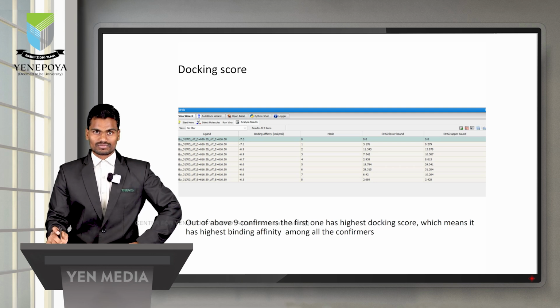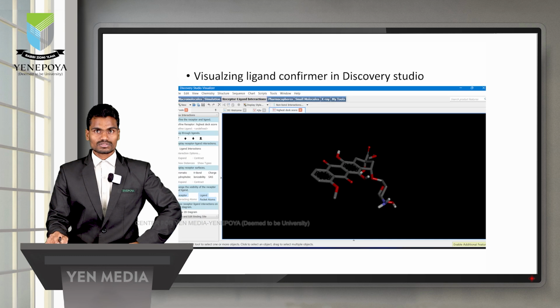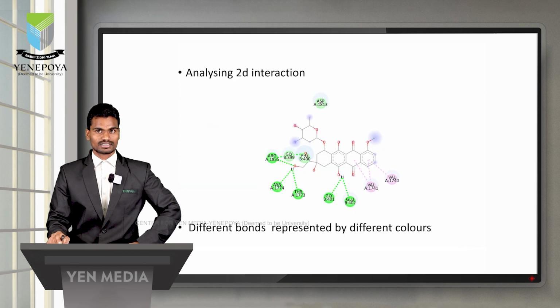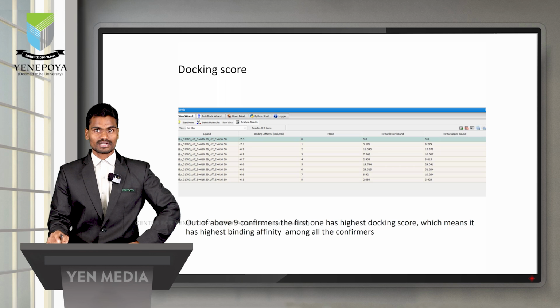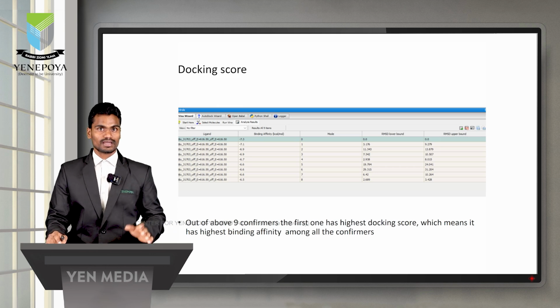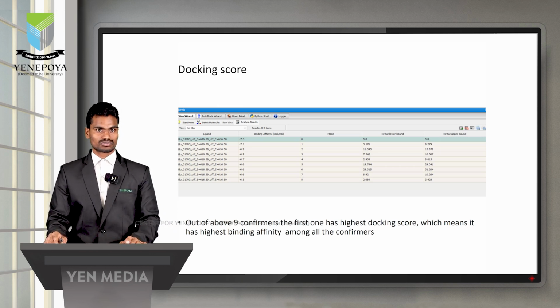Means if the compound is having so many bonds right here, so depending upon the flexibility, it will bind into this in different manners. So depending upon the mode of binding, it will give different scores. So out of above 9 conformers, the first one is having the highest docking score, which means it has the highest binding affinity among all the conformers.